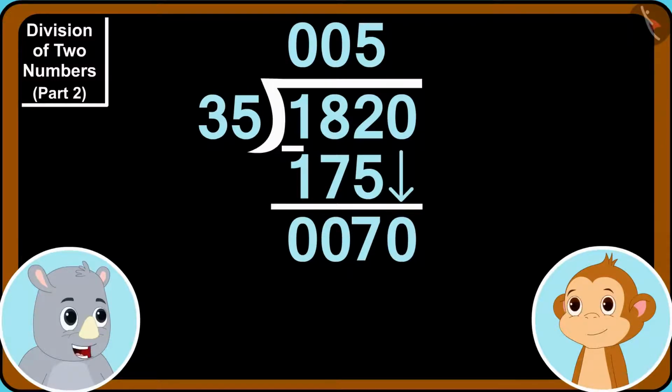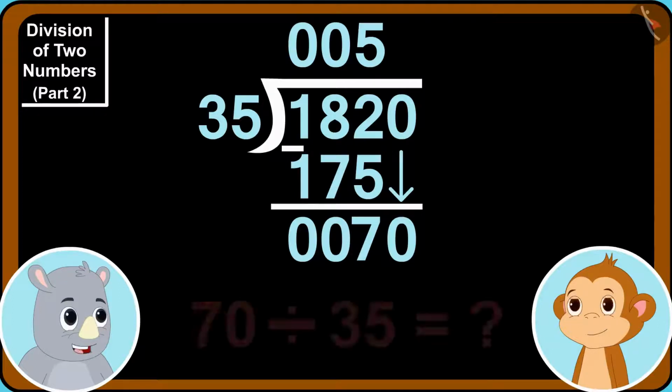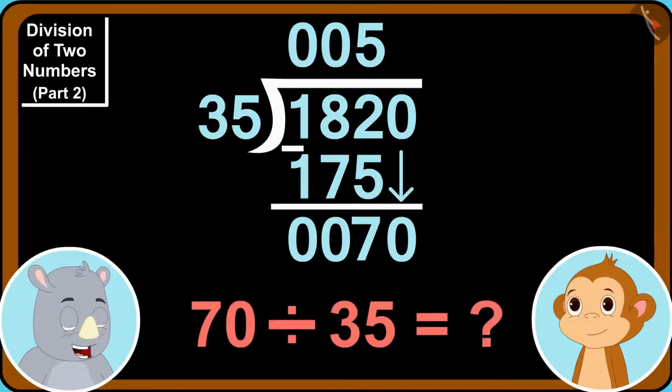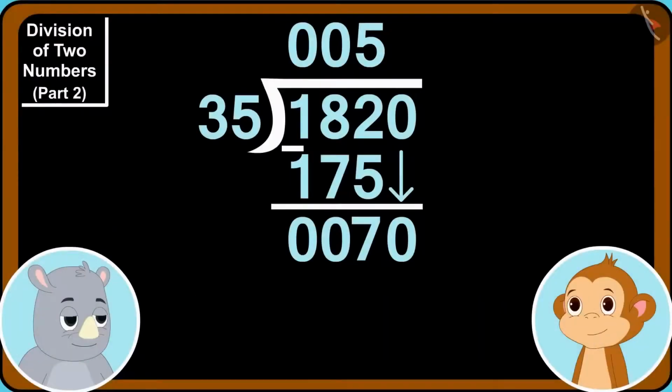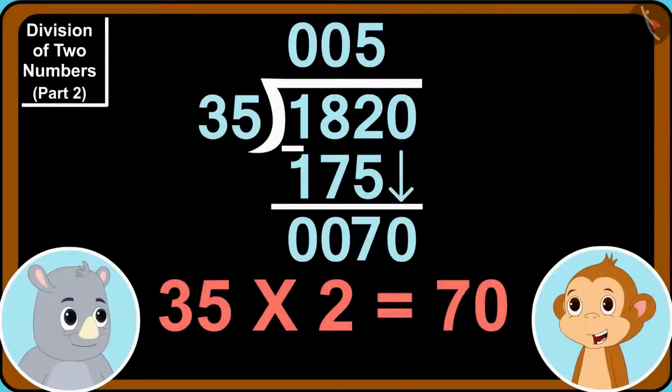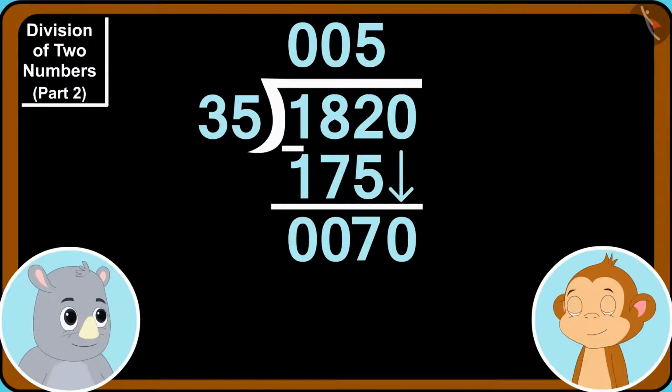Now at the end, tell me, Babban, can we divide 70 by 35? Absolutely. 35 times 2 is 70. Babban said to Gaggu. Well done, Babban.